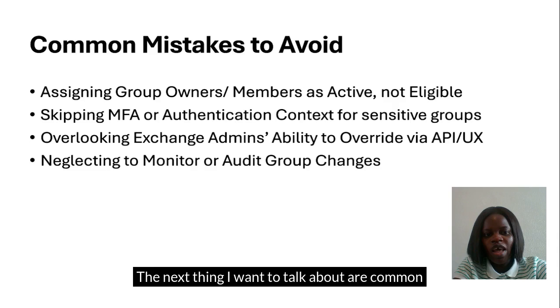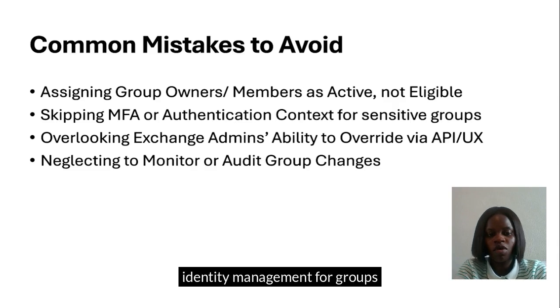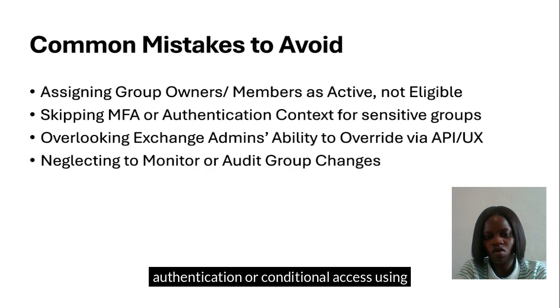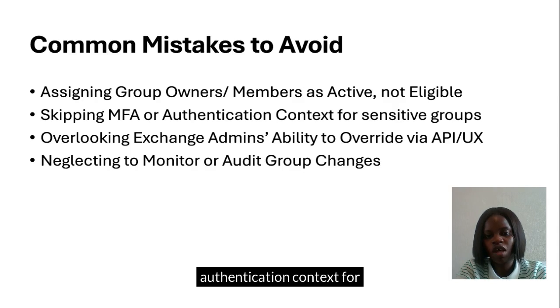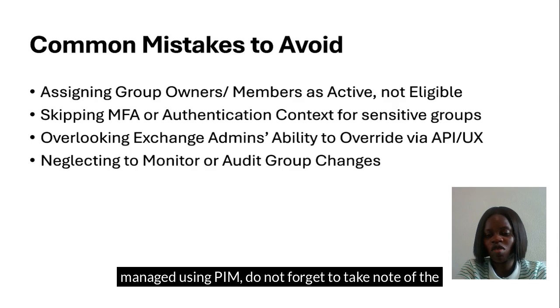The next thing I want to talk about are common mistakes to avoid when configuring privileged identity management for groups, especially for sensitive groups. It's always advisable to enforce either multi-factor authentication or conditional access using authentication context for managing these sensitive groups. Another mistake is assigning non-role assignable groups to be managed using PIM.